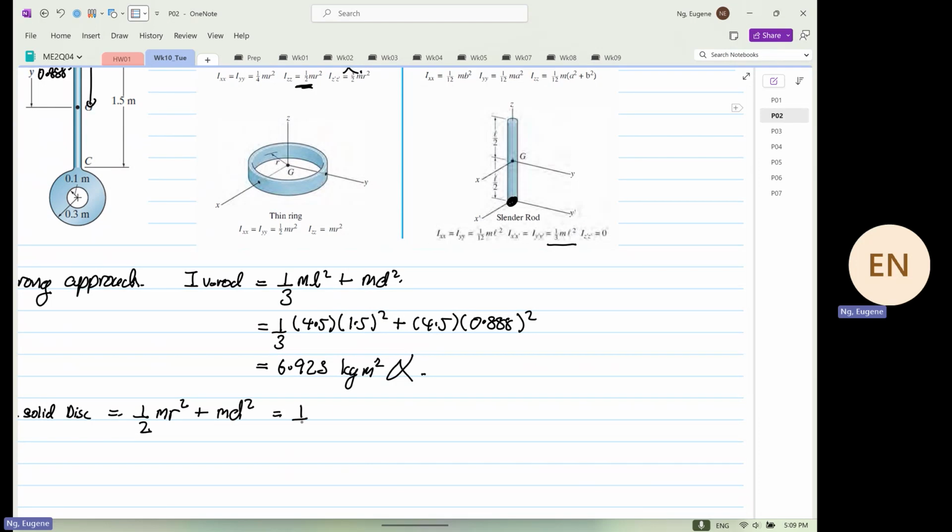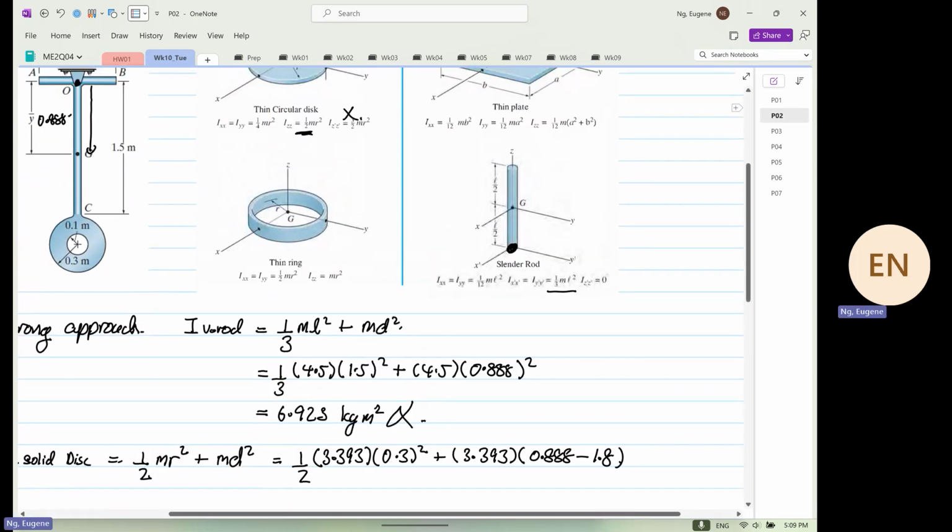Okay, so this is half. The mass of the disk is 3.393. The radius is 0.3 squared plus 3.393 times d squared, which is 0.888 minus 1.8.